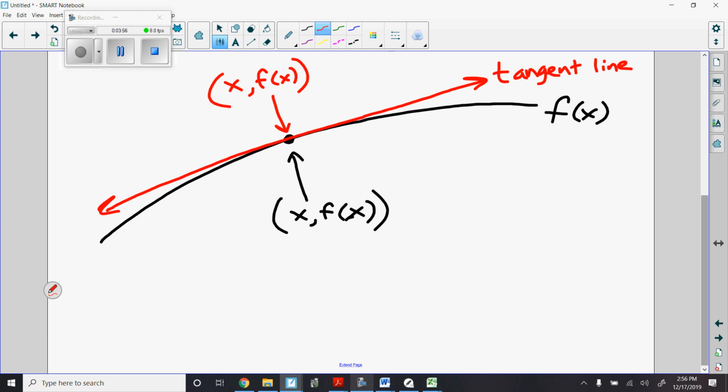So if I wanted to make a guess for a number just a little bit to the right of x, but I don't know f, instead of plugging it into f, I can just plug it into my tangent line, and I'll get a pretty good approximation of the actual value of f of that number. So what I'm doing here is I'm going to guess this number.